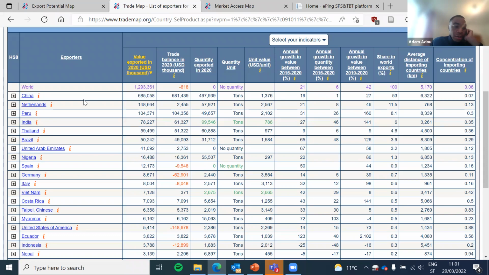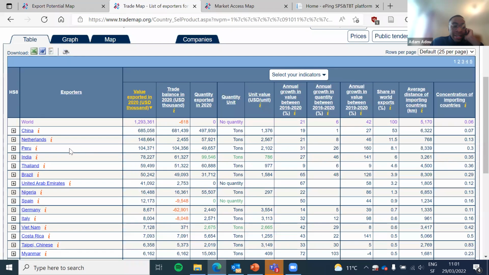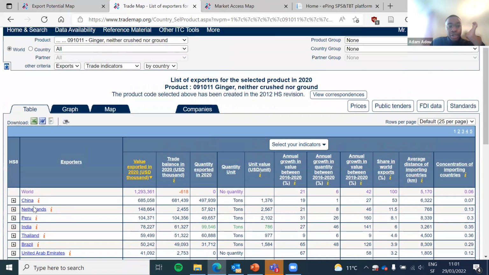And what if I want to know who are the main clients of Thailand, who are the main destination markets where Thailand is exporting ginger? Then you see that you have hyperlinks for all the countries in here. So you have two choices.